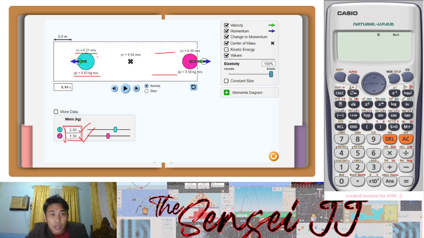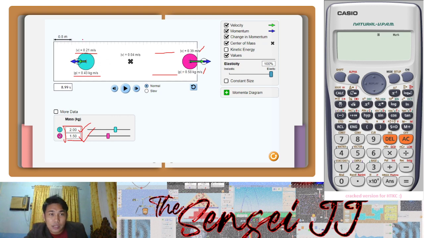The greater object has a slower velocity and also a smaller momentum. On the other end, the second ball has 0.39 meters per second. The velocity increases, and also the momentum.